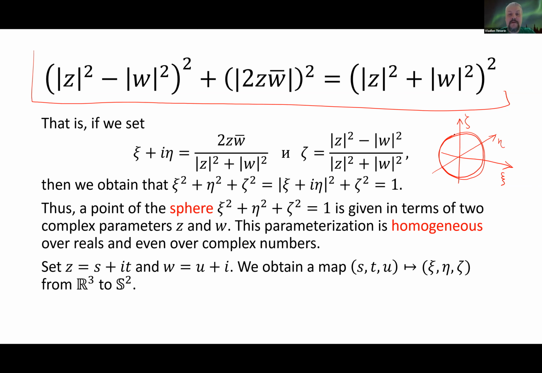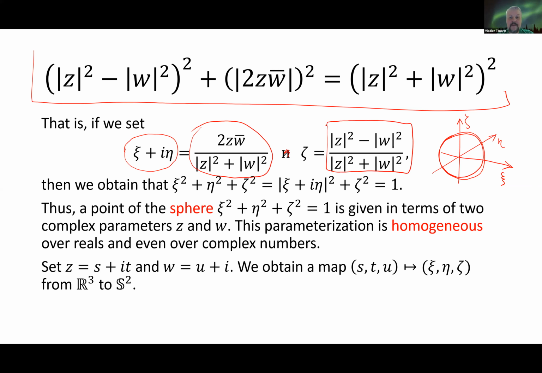Then very much similar to how we parameterized a circle, we can parameterize this sphere in a homogeneous form by setting the coordinates psi and eta to be the real and imaginary parts of this expression, and the real coordinate zeta as this is a real number.